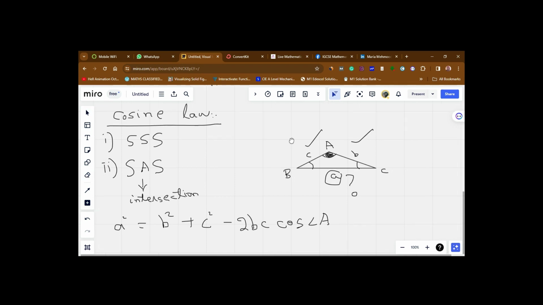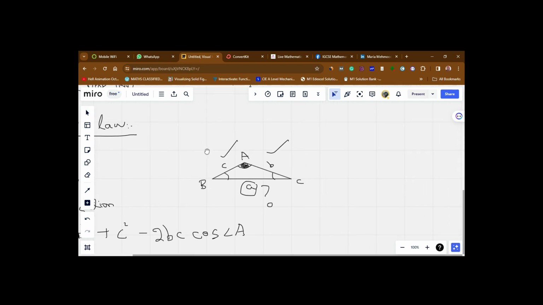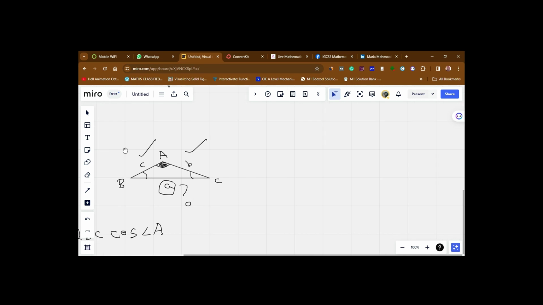And then when do we use the sine law? Let me just remove this messy work. Okay, so when do we use the sine law? We use sine law in two situations. And what is that?